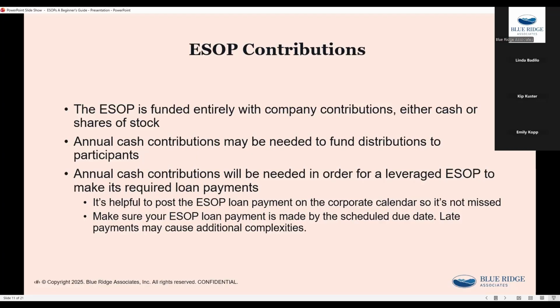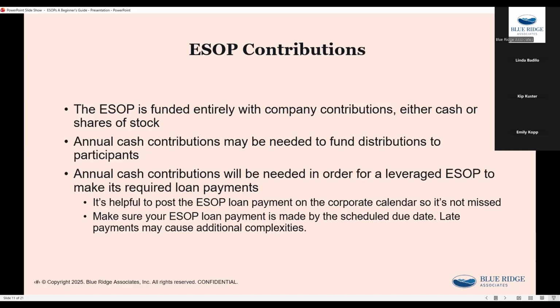And for many ESOPs, the ESOP purchased the stock that it holds with a loan, and that's a leveraged ESOP. So cash contributions would be required for leveraged ESOPs in order for the plan to make those loan repayments. So the company would be making a contribution of the annual loan repayment to the ESOP, and then the ESOP would then return those funds typically back to the company.